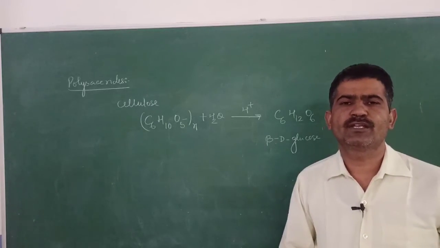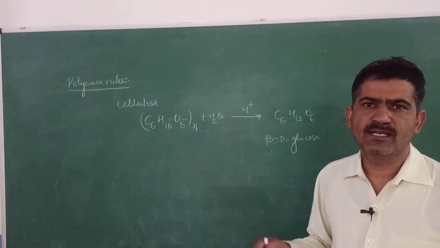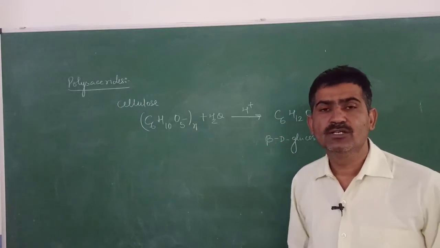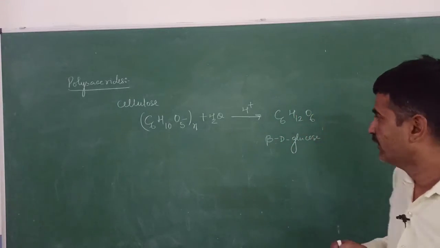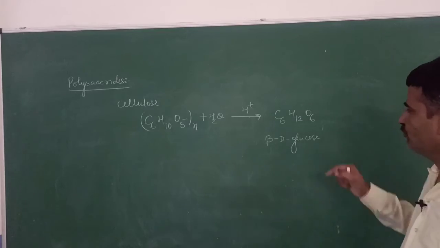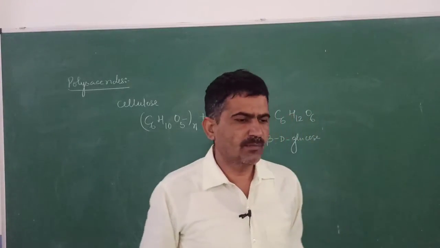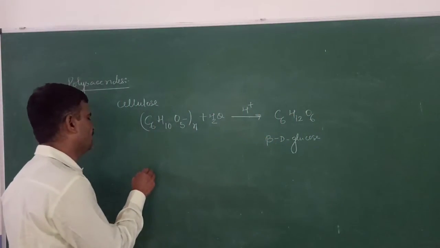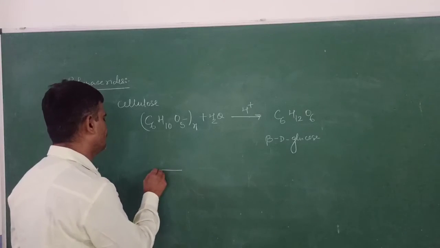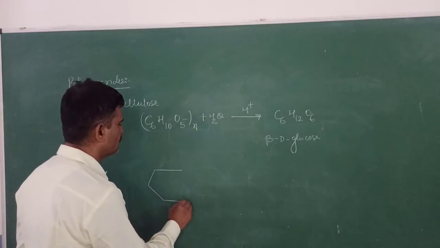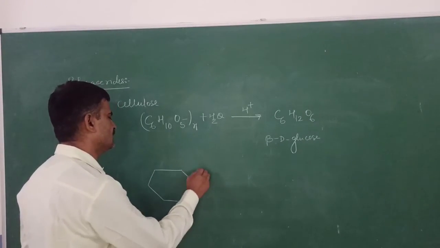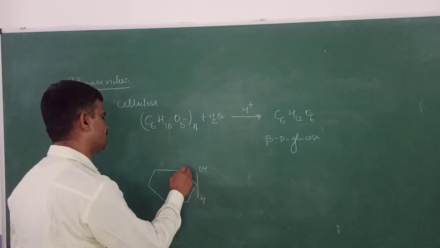This is not found in human beings, so it is undigested in human beings. Alpha D glucose units are joined by C1-C4 linkage. Let us form the beta D glucose units. This is the beta D glucose unit.